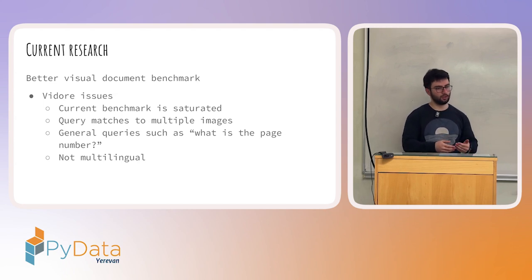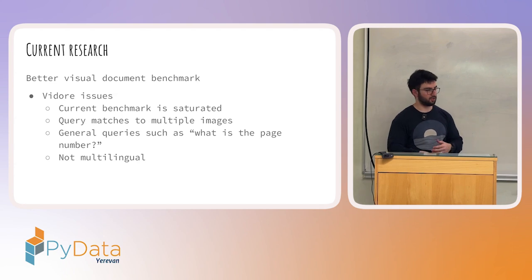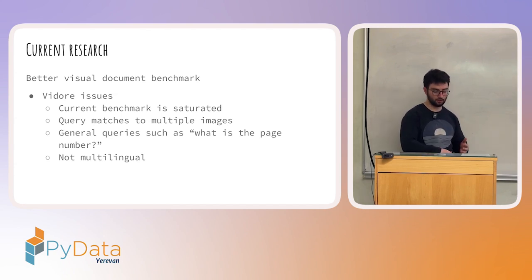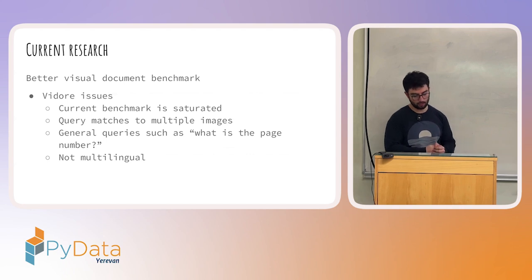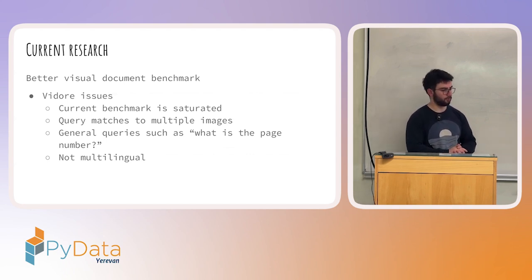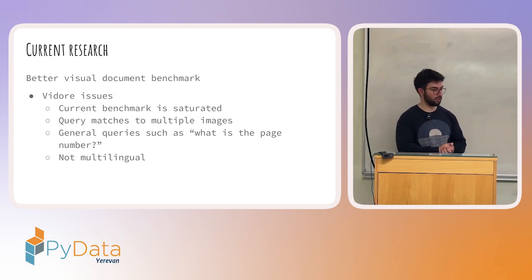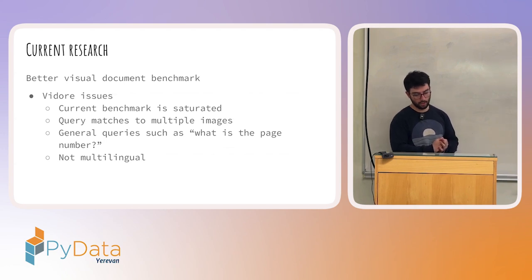So if our model predicts the second one, which is also a correct prediction, because the ground truth was the other one, our score is 0. There are these kinds of incorrect cases in the benchmark.